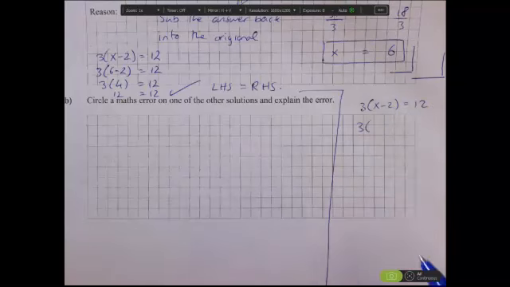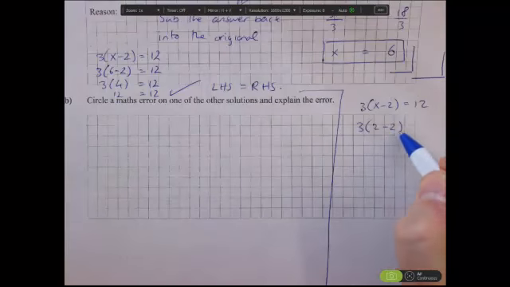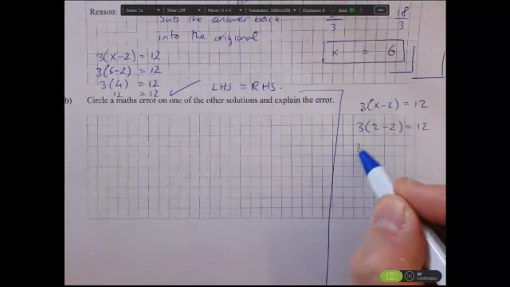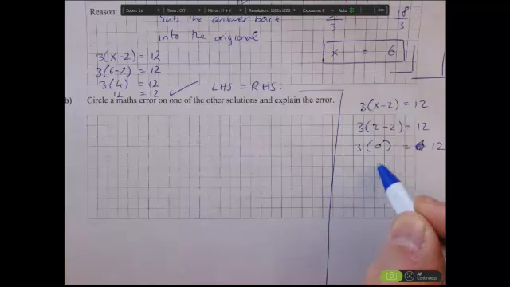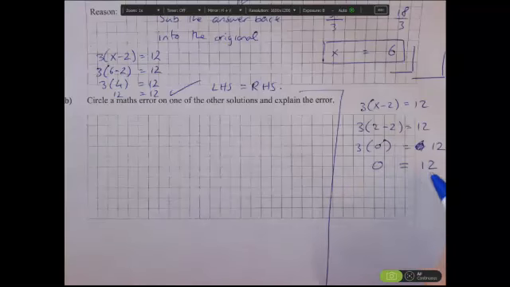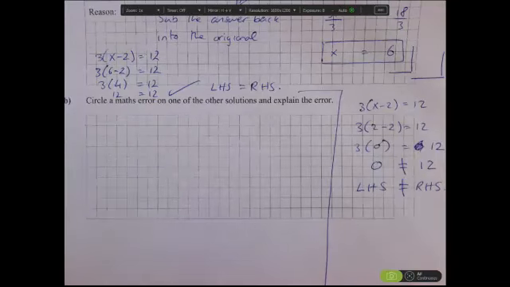Podrick's answer was 2, so that would be 3 times 2 minus 2 is equal to 12. That's 3 times 0 is equal to 12. So you end up with 0 equals 12. Clearly they're not equal, so the left hand side does not equal the right hand side. Therefore x equals 2 is not a solution for the original problem.